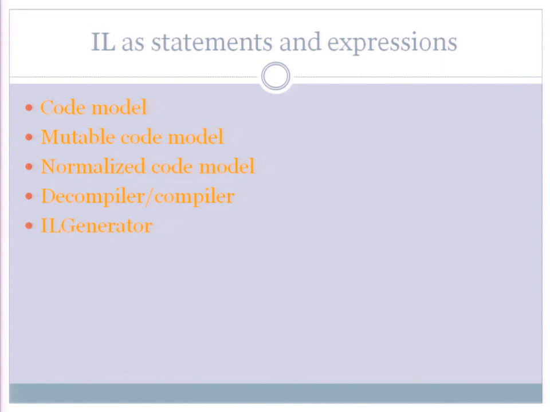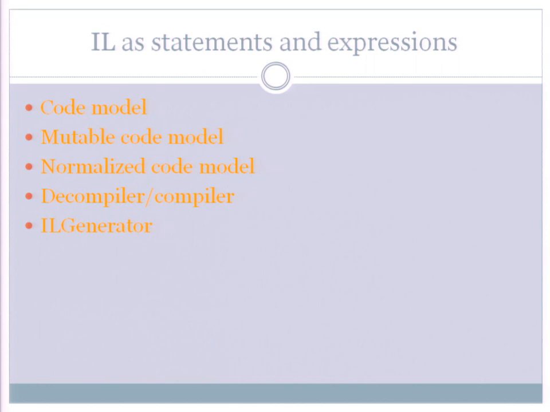But here we get to the point of saying that, well, okay, a flat list of IL instructions is only going to get you so far. When you're a compiler or even when you want to do some sort of static analysis or rewriting on an assembly, you really want to look at your IL instructions in the form of statements and expressions.